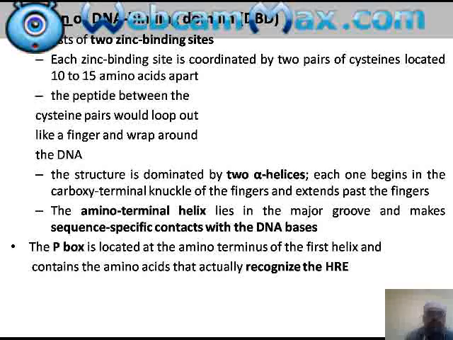When we look into the structure of this DNA binding domain of the C region, the name clearly indicates that it will bind with the DNA. This DNA binding region has two zinc binding sites, and they have two alpha helices.